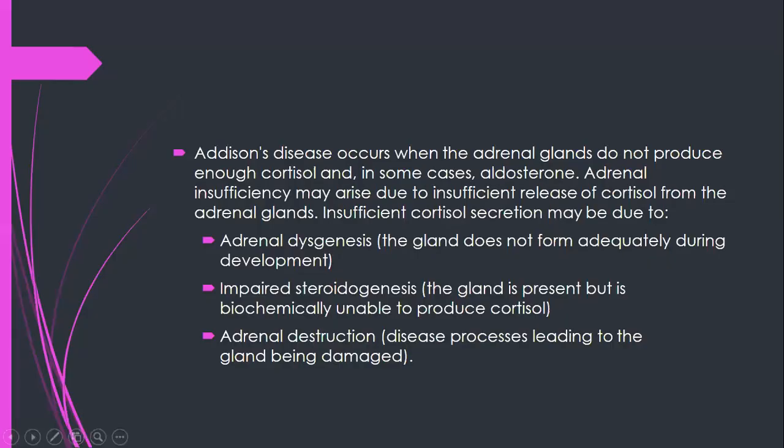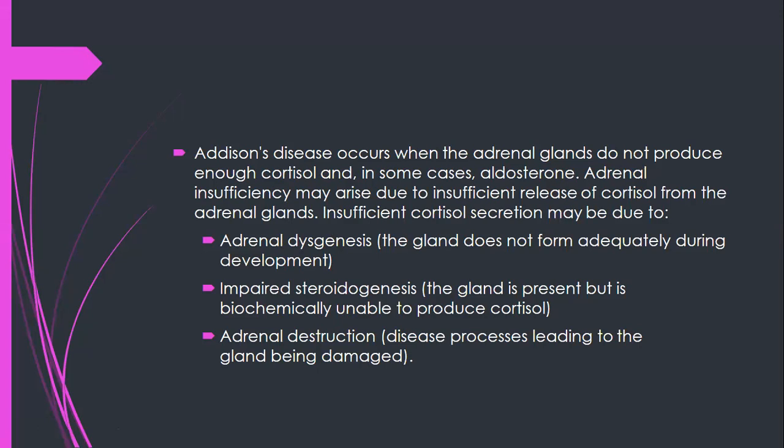Okay. Now, Addison's disease occurs when the adrenal glands do not produce enough cortisol, and in some cases, the mineralocorticoid aldosterone. Adrenal insufficiency may arise due to adrenal dysgenesis, meaning the adrenal glands do not form adequately during development.